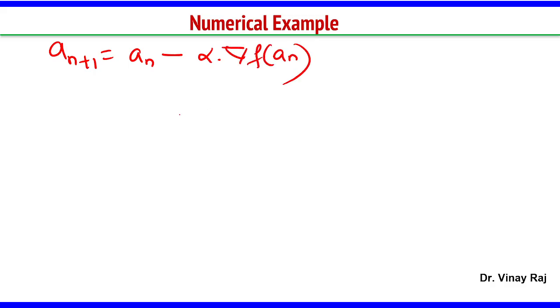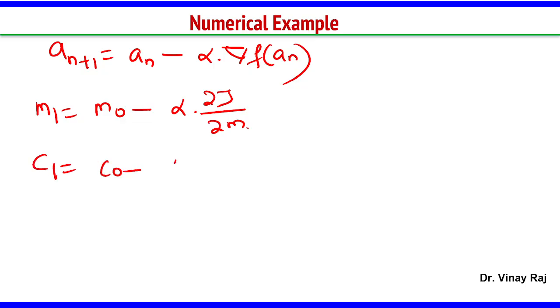So I am going to use this here. So m1 is equal to m0 minus alpha into dou J by dou m, right. Then c1 is equal to c0 minus alpha into dou J by dou c. So this way we have to find the new m1 and c1 values.